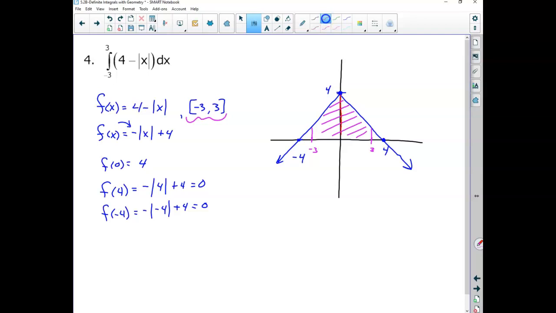I could divide this in half, find the area of a trapezoid, and take that times 2 to get the area. Or I could dice it across here and take a rectangle plus a triangle to get the exact same area.